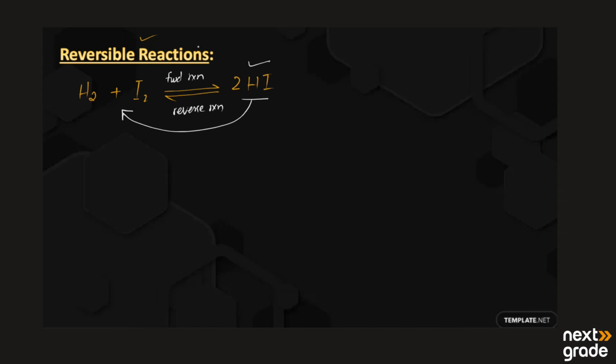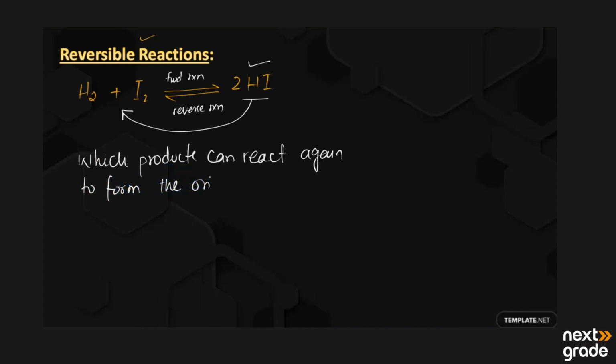So a reversible reaction is a reaction in which the products can react again to form the original reactants. That reaction is known as a reversible reaction.